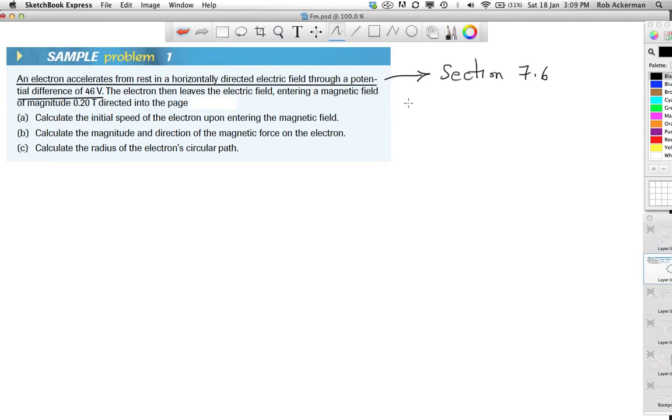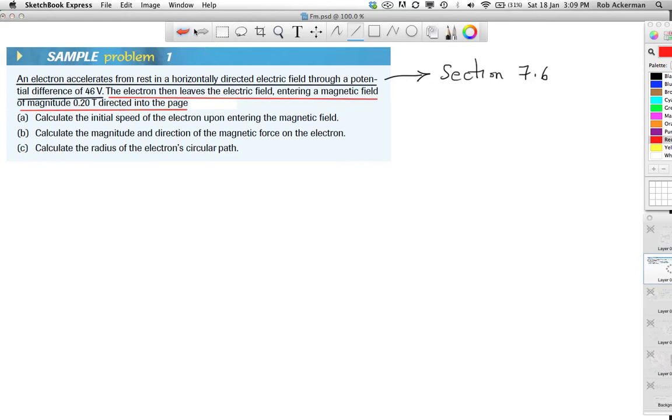What they're trying to do is get you to figure out how fast the electron's going to be moving, because then it's going to leave the electric field and enter a magnetic field, which I'm going to underline right there in red.